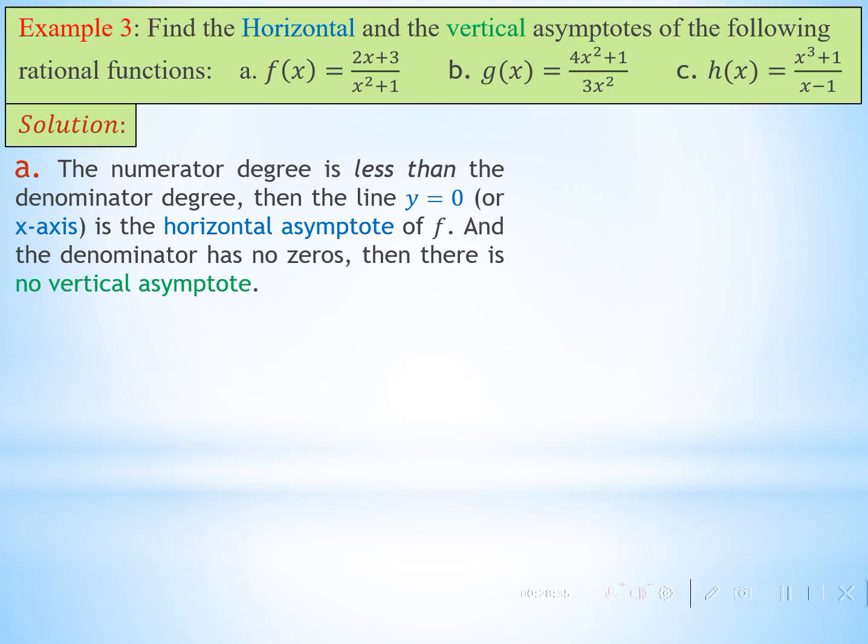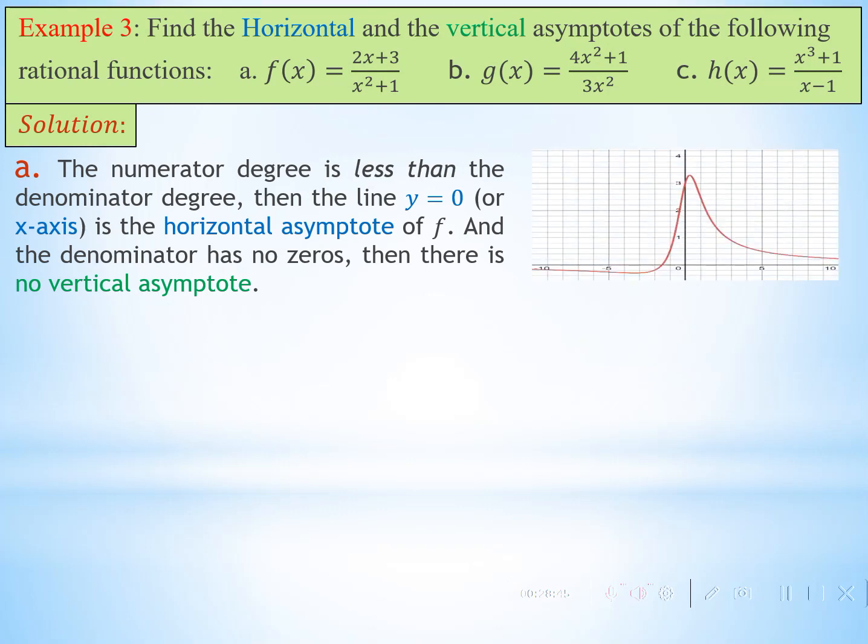This equation has no solution, or there are no zeros for the denominator. Hence, there is no vertical asymptote. The graph shows no vertical asymptotes, but the x-axis is the horizontal asymptote. Here it is blue, and its equation is y equals 0.